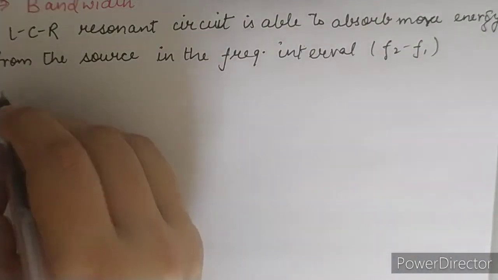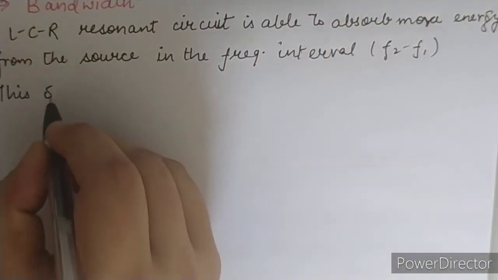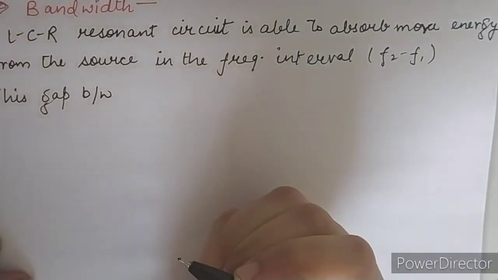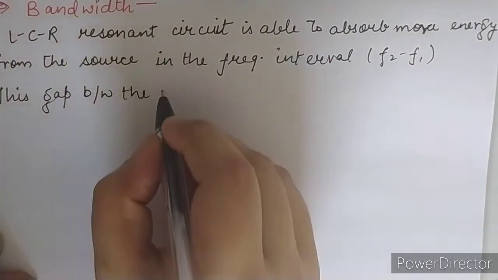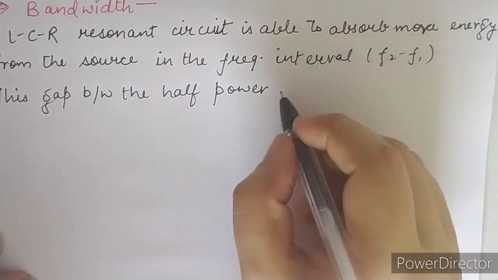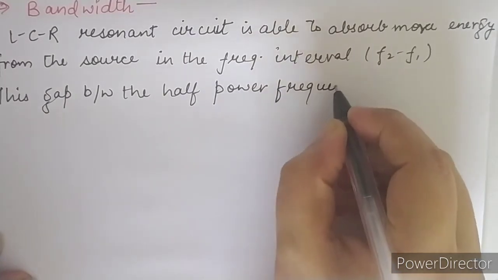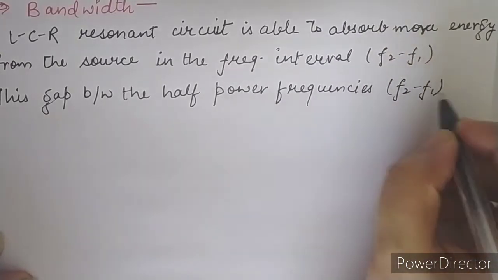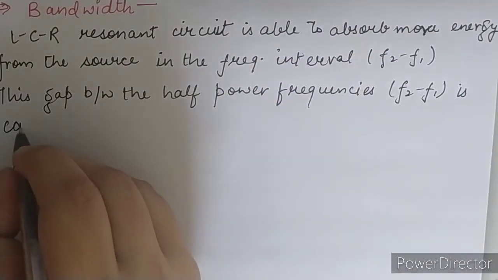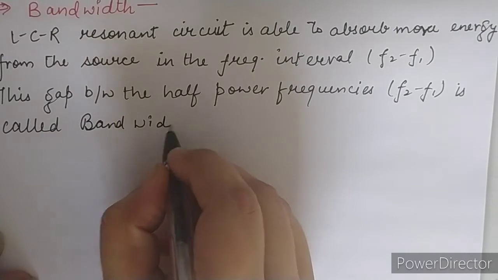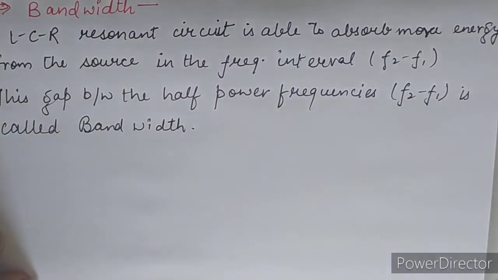This gap between the half power frequencies, f2 minus f1, is called the bandwidth. The gap between them is called the bandwidth.